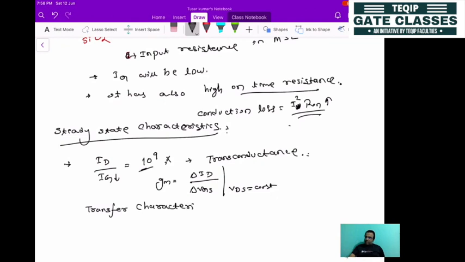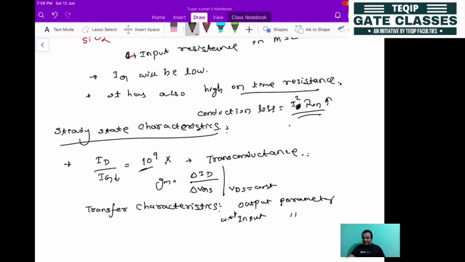Transfer characteristics portray the output parameter with respect to the input parameter. That's why it is called the transfer characteristics.